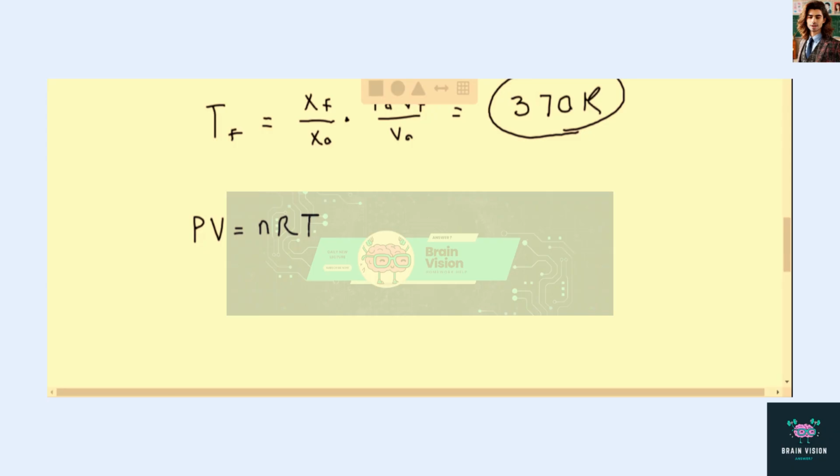And we know that the pressure, volume, and temperature actually all change, but what doesn't change between them is N times R. So PV over T equals NR would be a constant during this entire process. So what that means is that we could have written something like P V over T initial equals P final V final over T final. And then have gone from there, and that might have saved us a little bit of trouble.